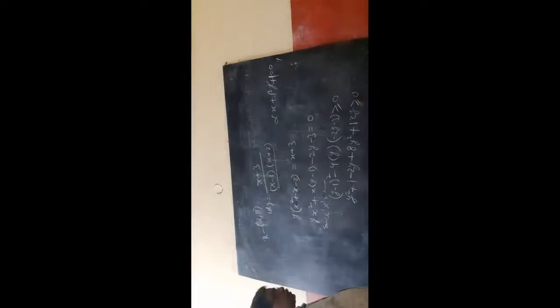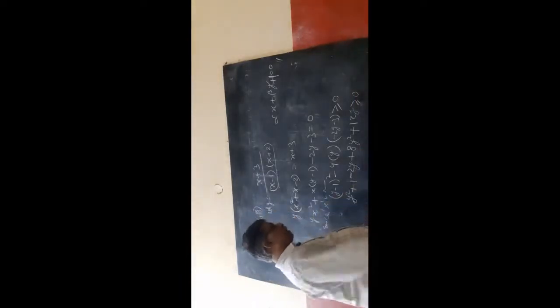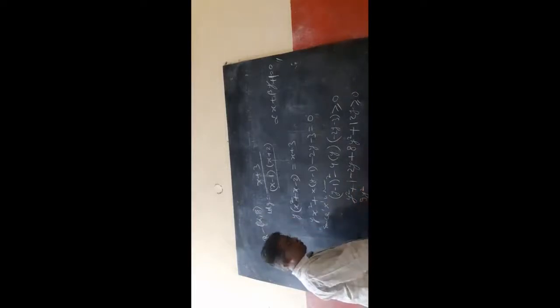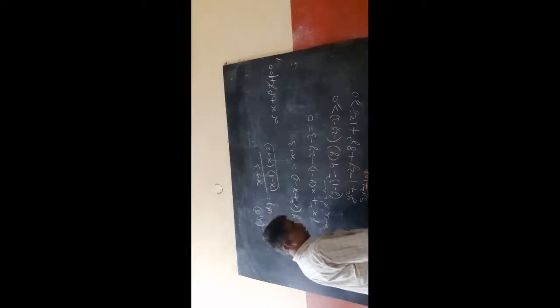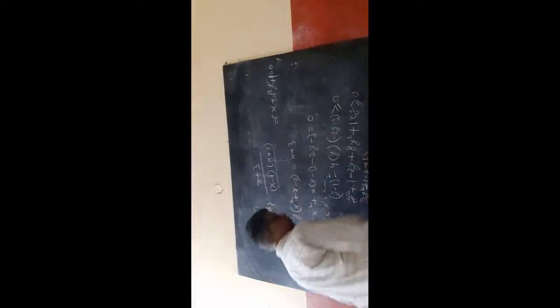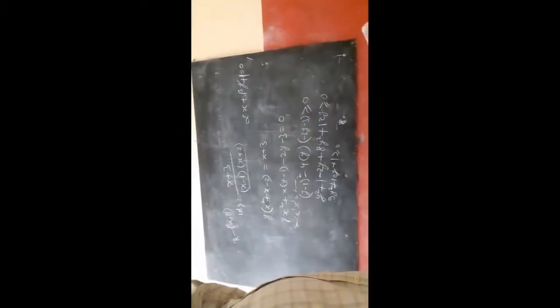So what do we get finally? y square plus 8y square is 9y square, minus 2y plus 12y is 10y, plus 1 greater than or equal to 0. So we got 9y square plus 10y plus 1 greater than or equal to 0.